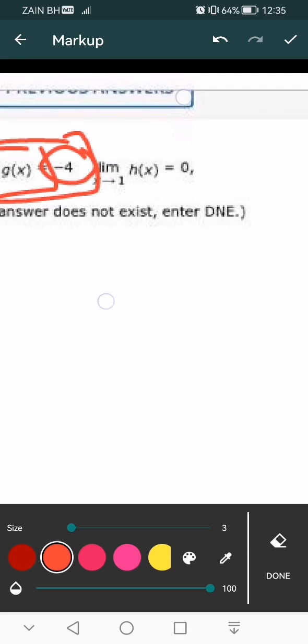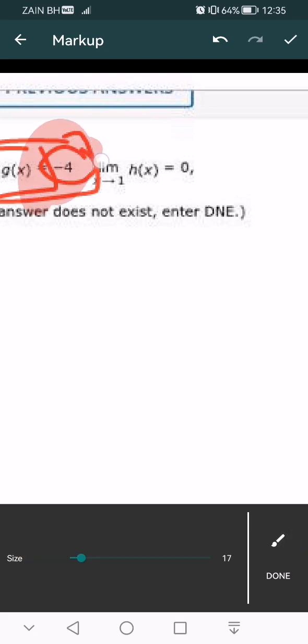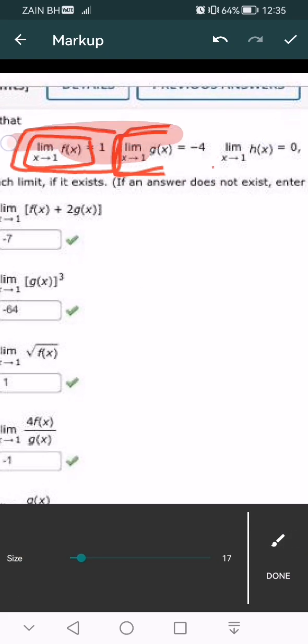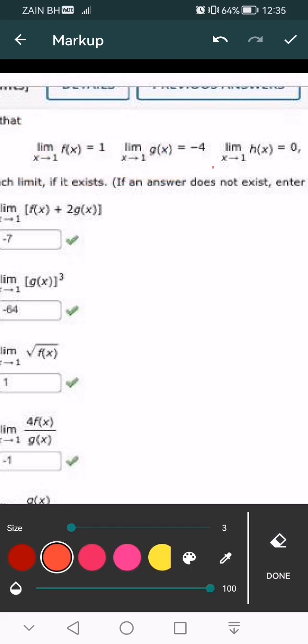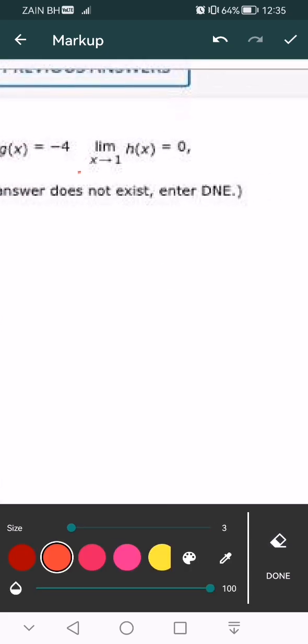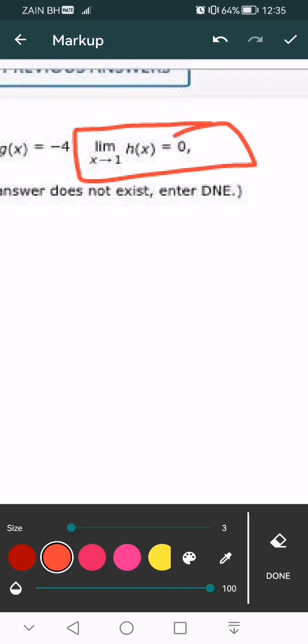Then the limit as x goes to 1 for h of x equals 0. That means if I see anywhere the limit as x goes to 1 for h of x, I will remove all of this and put 0 in its place.